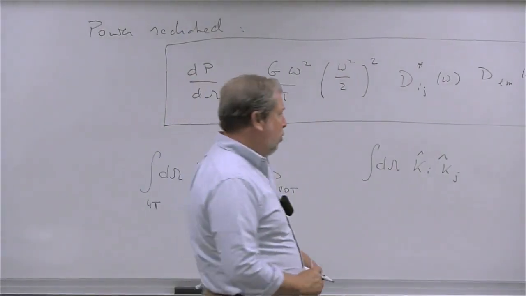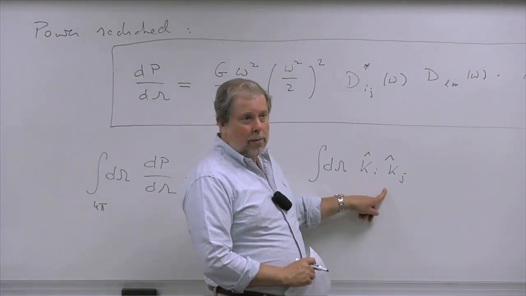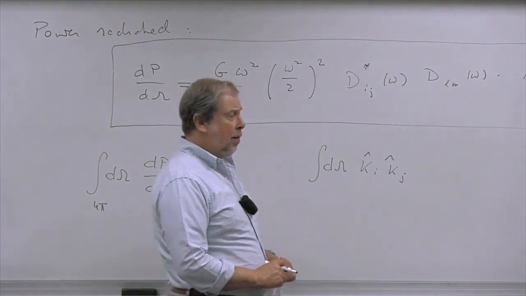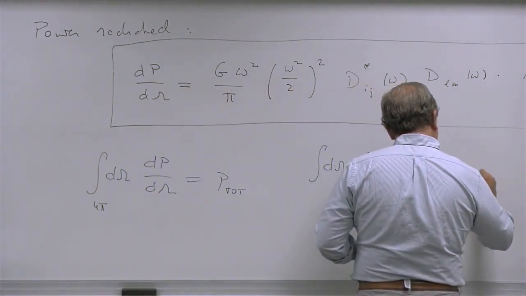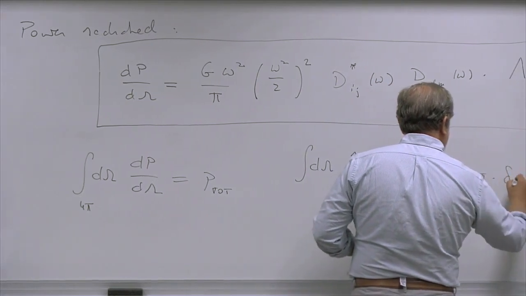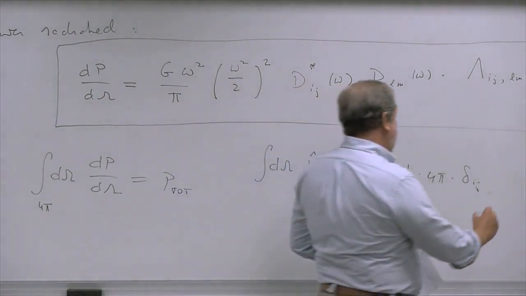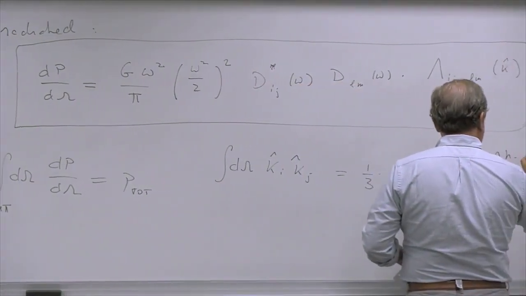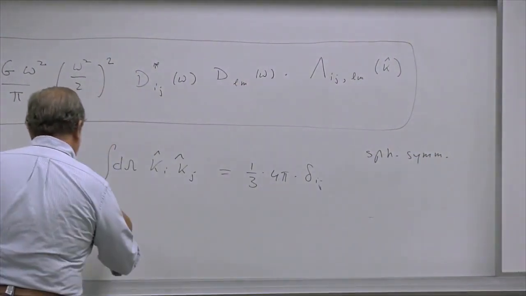And when i is equal to j, you get the average over the kx squared component and ky squared component. So that's 1/3 of the sum of the three. So this is just equal to 1/3 times 4 pi times delta ij, by spherical symmetry.